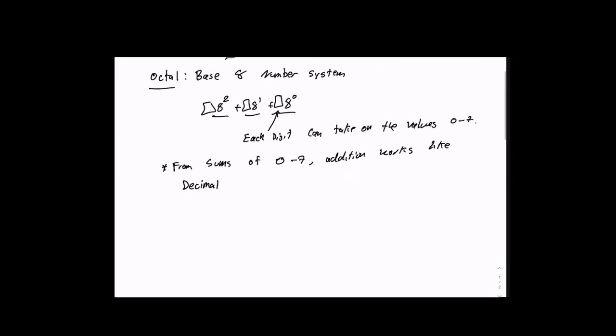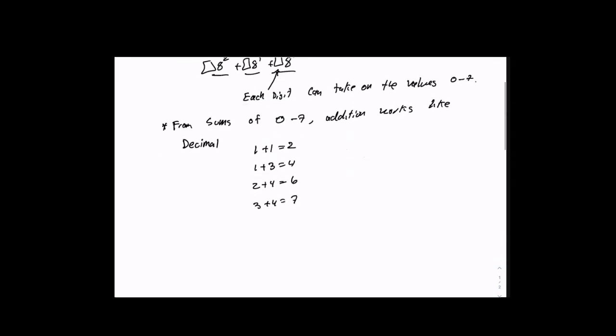And what I mean by that is like 1 plus 1 is 2, 1 plus 3 is 4, 2 plus 4 is 6, 3 plus 4 is 7. So nothing different happens in that capacity.